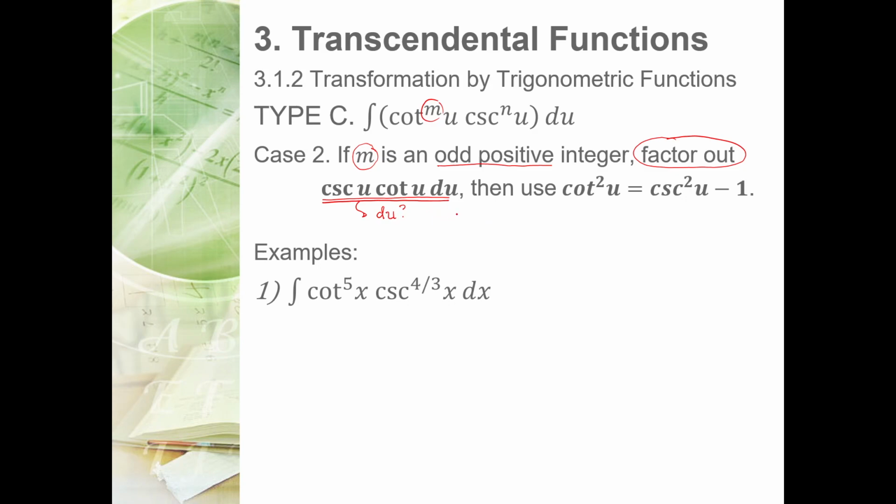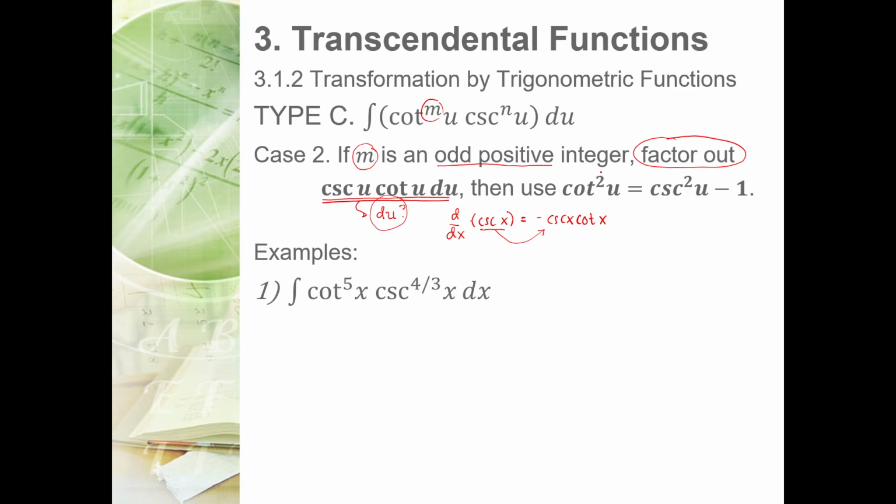Because if we recall our derivatives, the derivative of cosecant x is negative cosecant x cotangent x. So that's why this is the probable value for the derivative of u. And of course our u is the cosecant, because this will give us the value of the derivative that we need later.